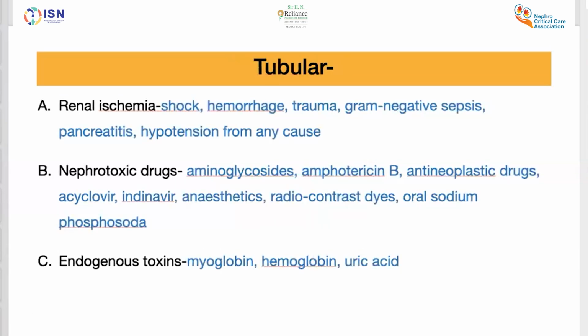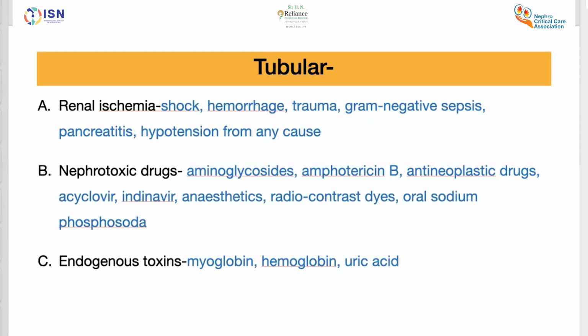Tubular damage causing intrinsic acute kidney injury may be due to renal ischemia, nephrotoxic drugs, or endogenous toxins. Renal ischemia may be caused by shock, hypovolemic shock, hemorrhage, trauma, gram-negative sepsis, pancreatitis, or hypotension from any cause.